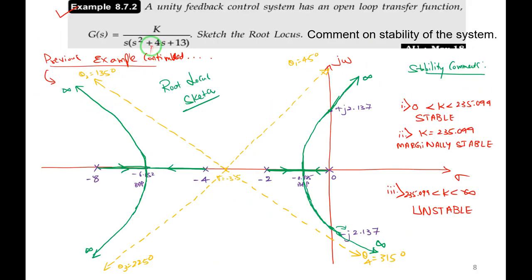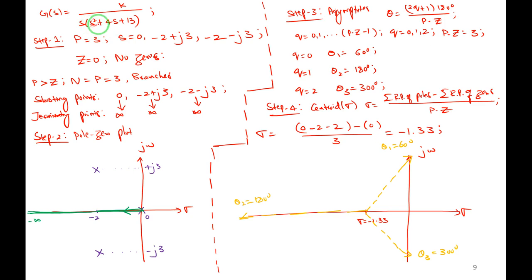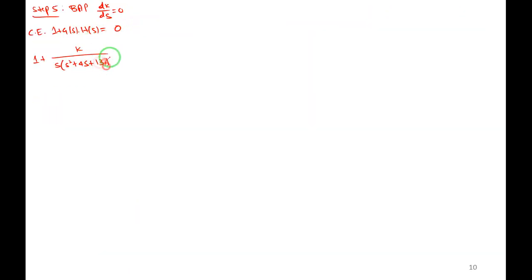It is k divided by s into (s square plus 4s plus 13). Let me multiply: s cube plus 4s square plus 13s plus k equal to 0. This is the characteristic equation.